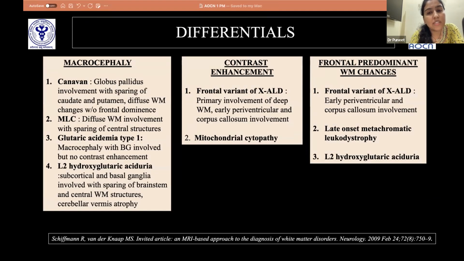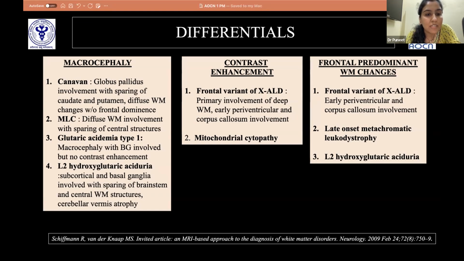So the differentials for Alexander disease: if a child has macrocephaly, we usually think of these 4 differentials. As we have just studied, Canavan usually presents with diffuse white matter changes, and there is globus pallidus involvement and mostly sparing of caudate and putamen. In MLC also there is diffuse white matter involvement, and the central structures are mostly spared.